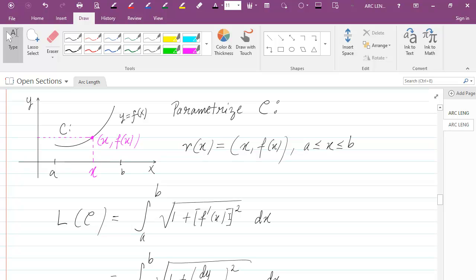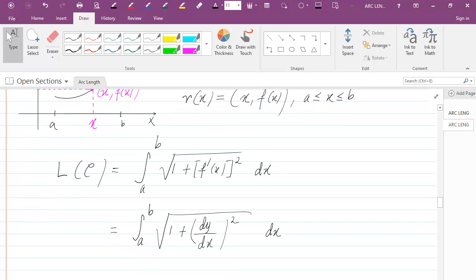The length of C is the integral from a to b of the square root of, we take the derivative of the first component of the parameterization, the derivative of x with respect to x is 1, and its square is still 1, and the derivative of the second component with respect to x would be f prime of x. We square that, we get f prime of x squared. So this is the integral that gives us the length of C.